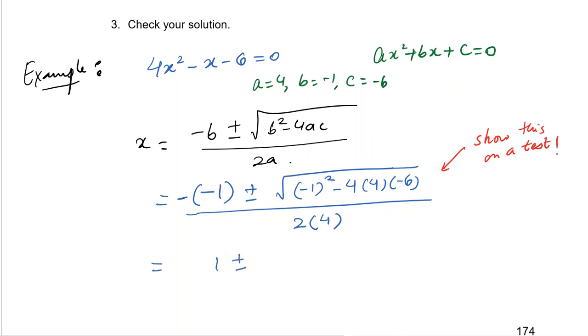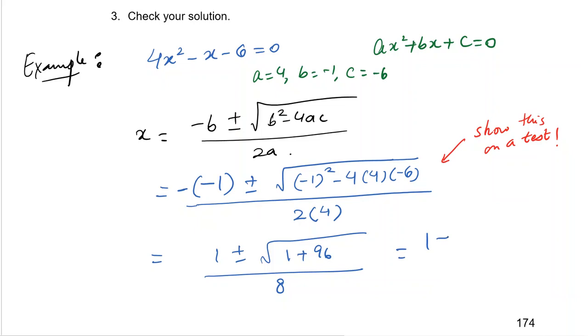Okay, 1 plus minus the square root of 1, and then 4 times 6, plus 96, divided by 8. And then you can use your calculator.